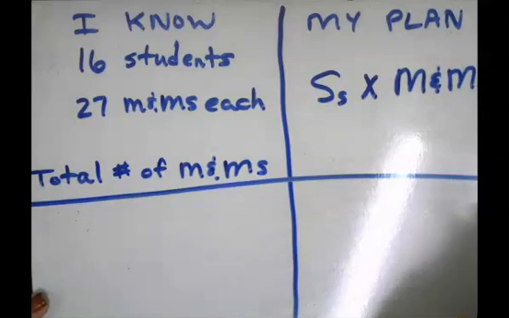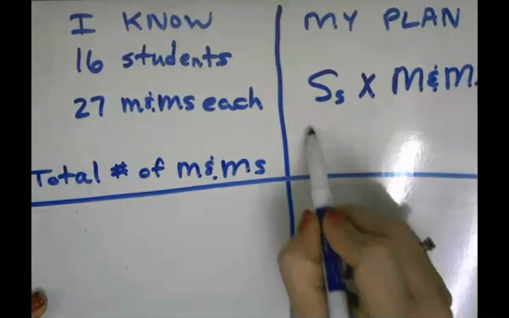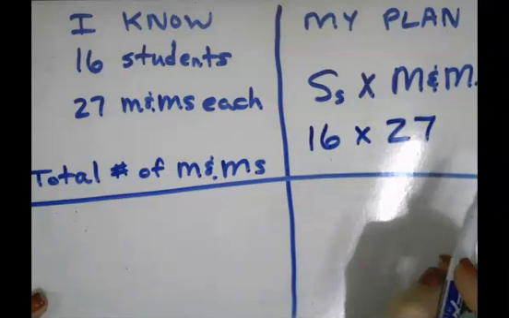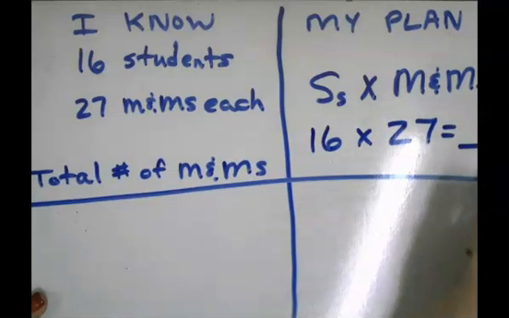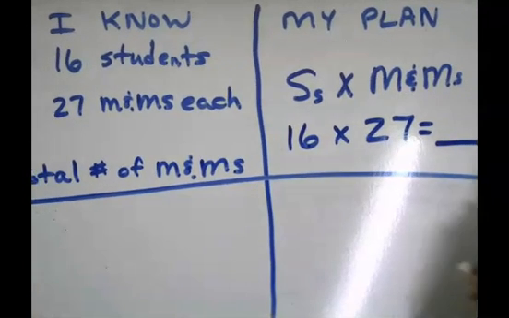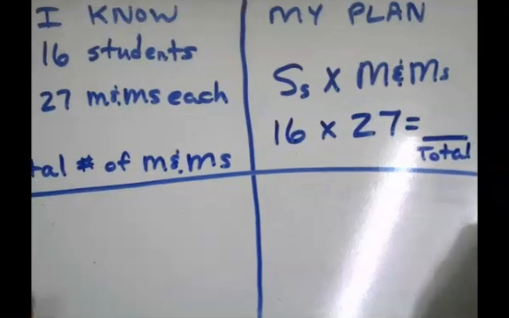In other words, we're going to multiply 16 times 27, and that's going to give us our total number of M&Ms.